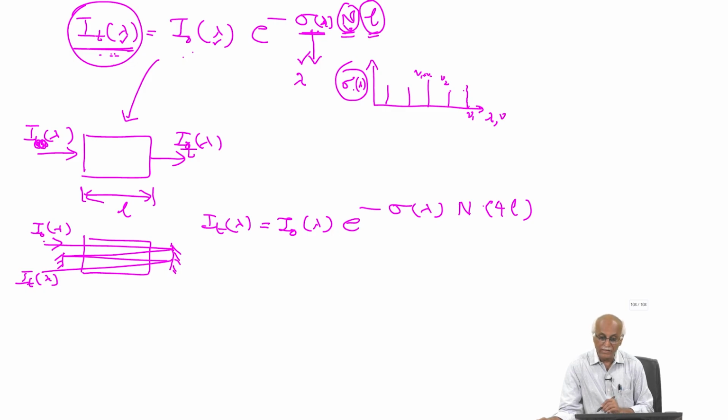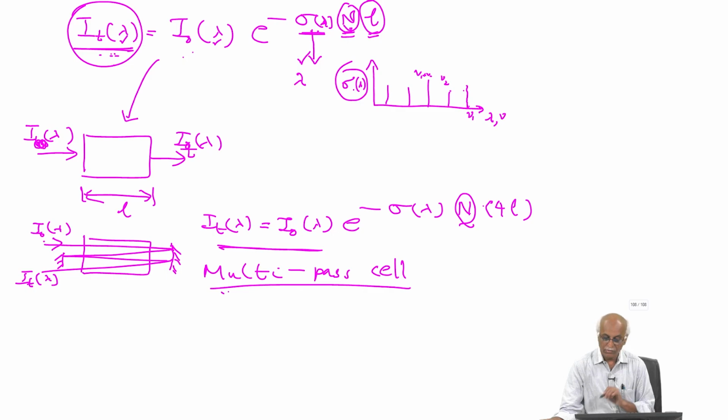So, automatically, even with a very small concentration, the intensity ratio is going to alter by a large amount. So, this is a very obvious approach. So, a multipass cell can be used in this case.